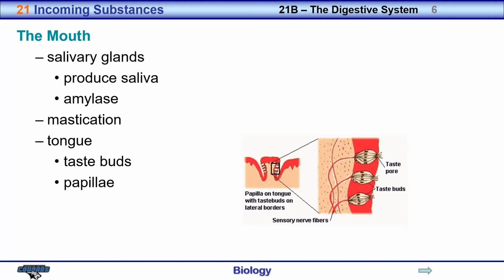This becomes pretty obvious whenever you have a cold or your sinuses are plugged up, you don't taste as well, because the majority of our taste comes from the senses that are actually up in our nose.